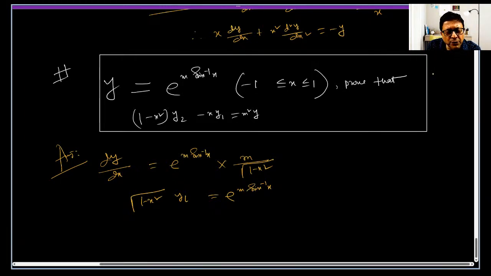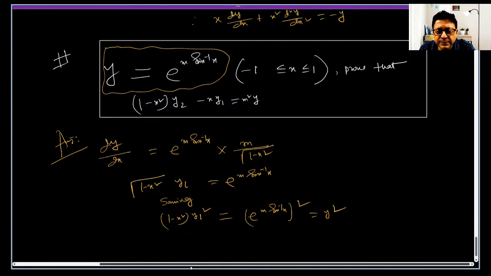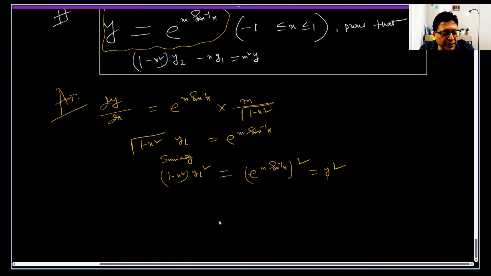So you got root 1 minus x square y1 equal to e to the power m sin inverse x. Now squaring both sides, what do you get? 1 minus x square y1 square equal to e to the power m sin inverse x whole square. Actually, e to the power m sin inverse x was y only, isn't it? So put it y square. Now differentiate with respect to x.